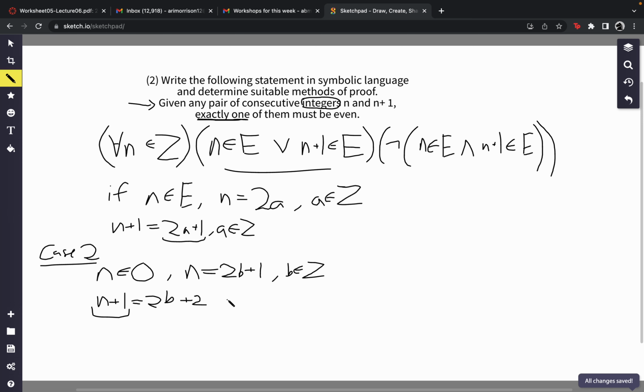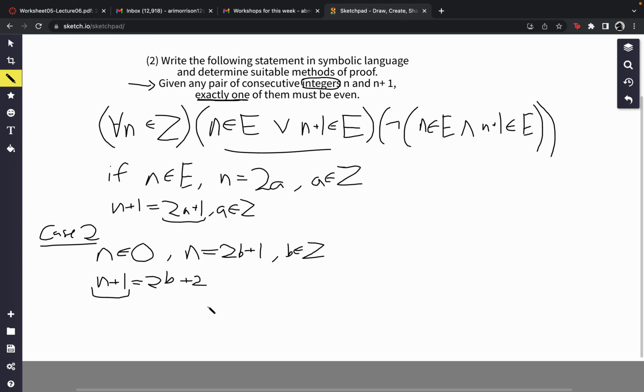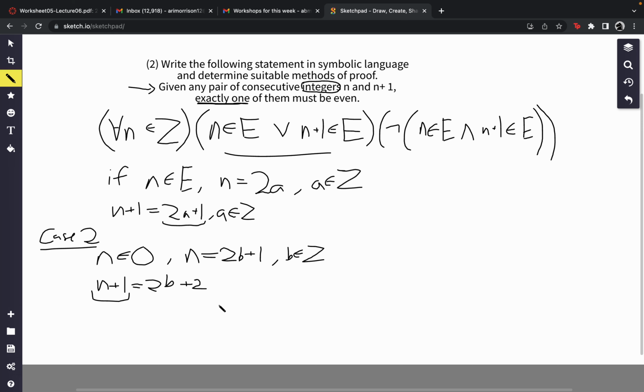And to prove that a number is even, you have to show that when you divide it by 2, it is an integer. And so I'm just going to go shorthand on this. But if we do 2b plus 2 divided by 2, we end up with b plus 1.